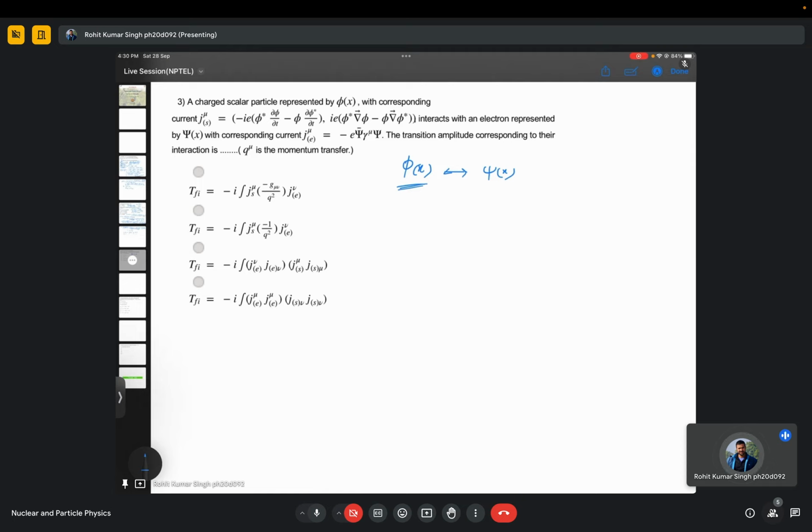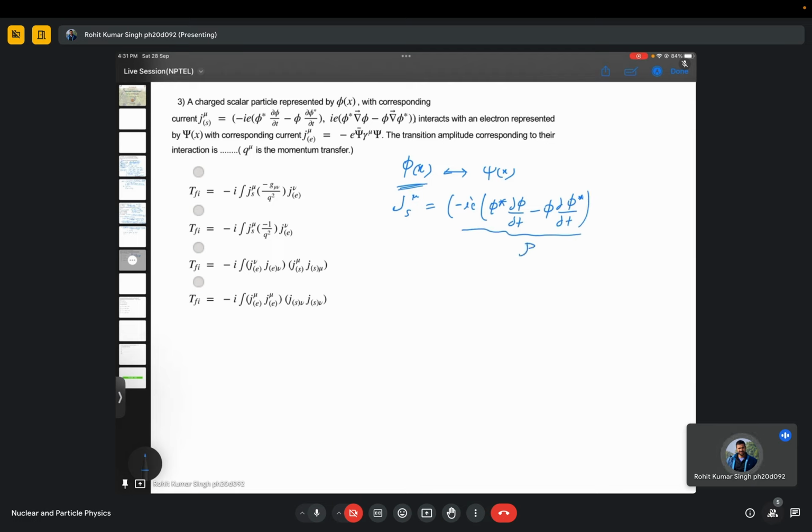Okay, and the corresponding current is given. So this is the current given for the scalar particle. This is the charge density. First, we know that the first component is the charge density rho, right?